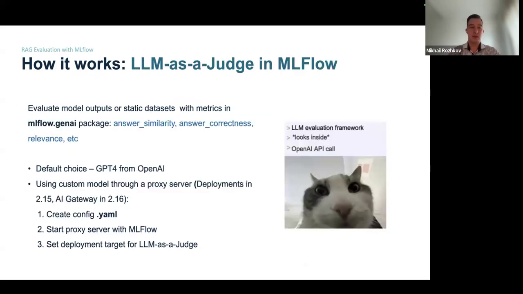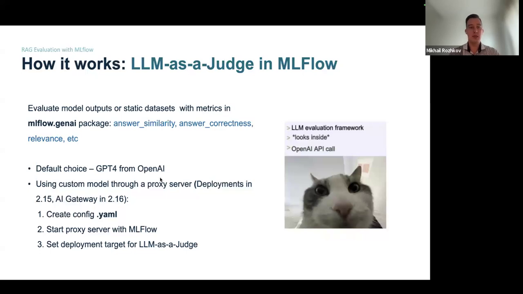The new part that we'll talk about today is using MLflow for LLM evaluation, for example, LLM as a judge. In MLflow, a set of functionality inside the MLflow Gen AI package provides LLM-specific metrics like similarity, correctness, and relevance that we can simply use with different LLM models.